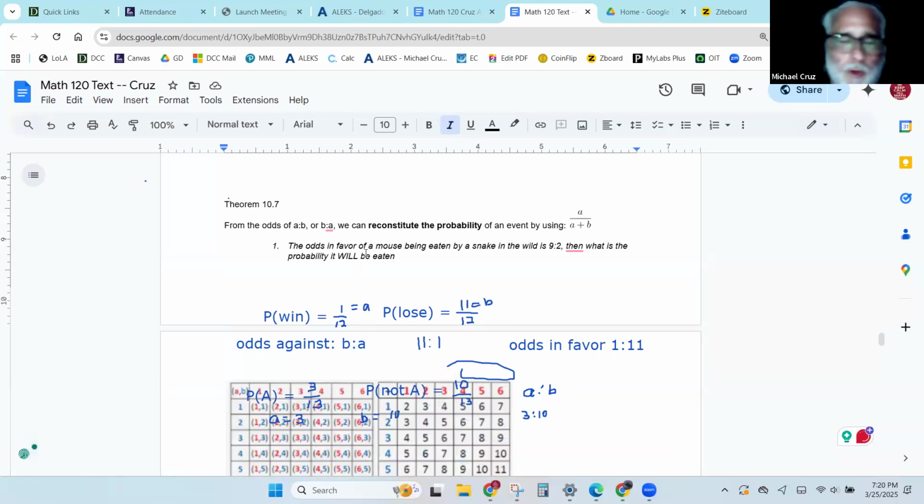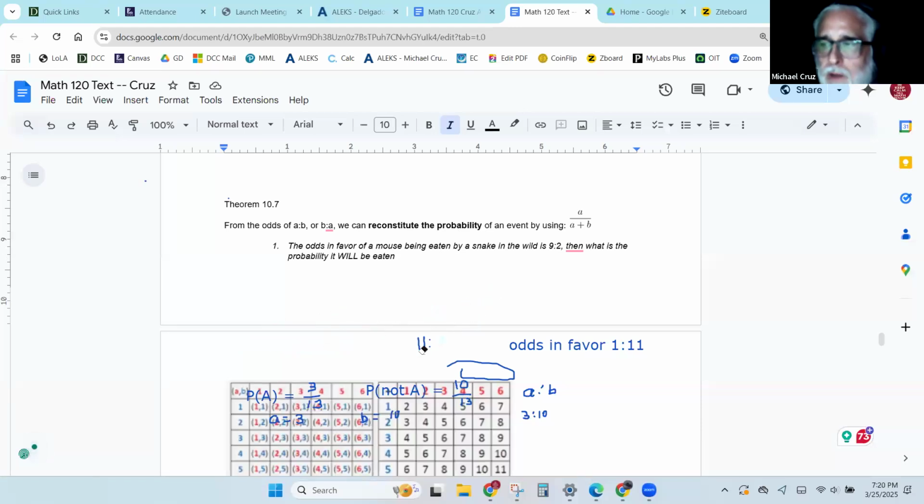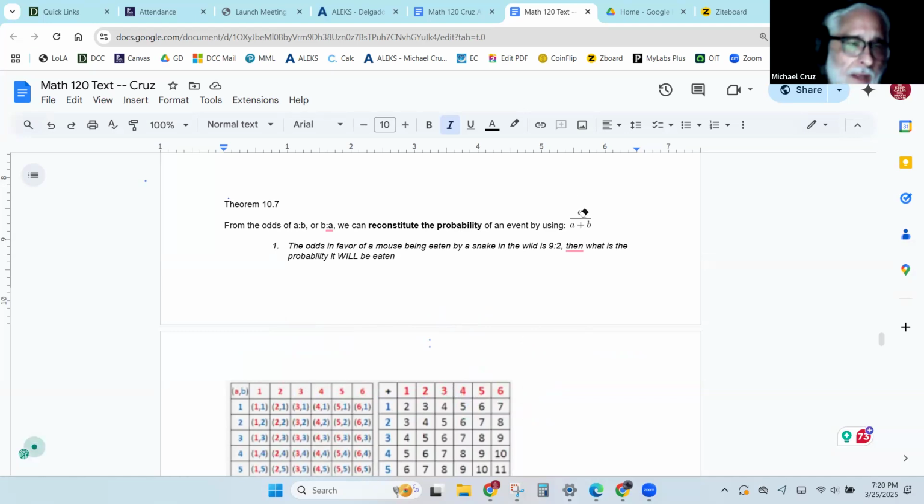We just got to put them in the right spot. Now the denominator is the easy part because you're just adding them up. And if we want the probability of an event occurring, then we use the A. If we have probability of not the event, then we use the B.